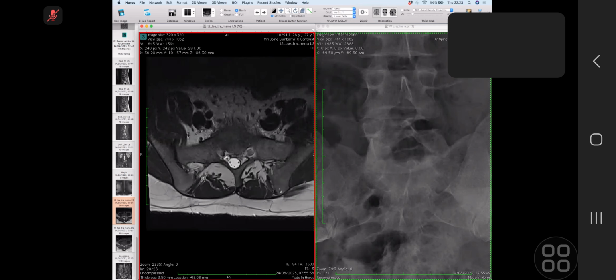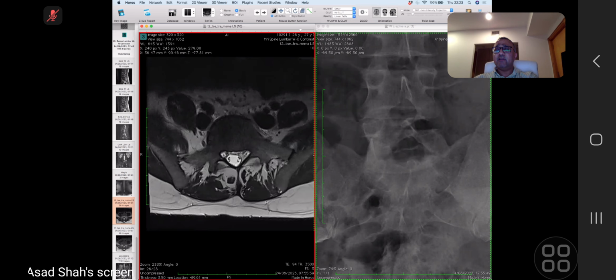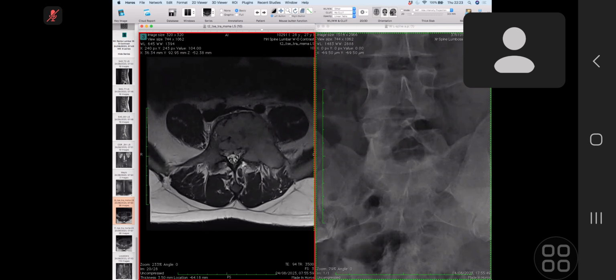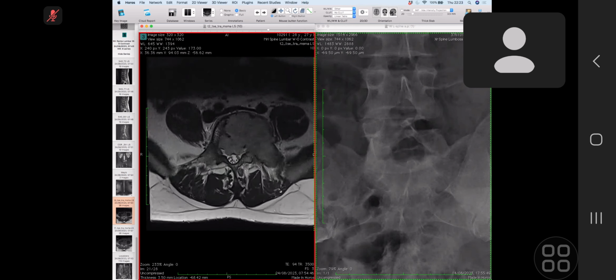Now let me get to the sacrum. That's the sacrum there, and as we're going up, it's not involved. So it's the L5 body that's expanded. The pedicle is probably causing some exit foraminal stenosis on the left side, which is probably what's causing the patient's symptoms, at the lateral recess region at that level.